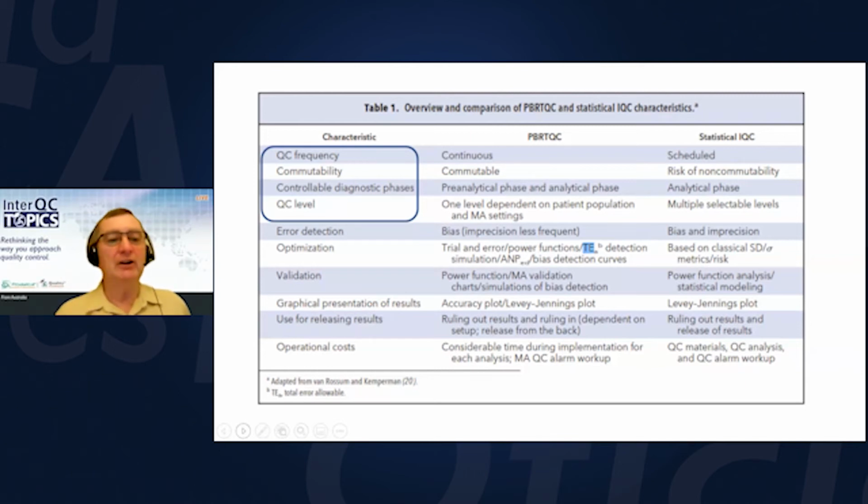So there's a lot more data. It's commutable by definition, because it's patient samples. It can detect some pre-analytical phase problems.